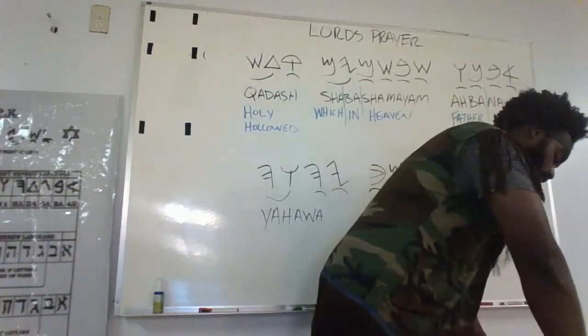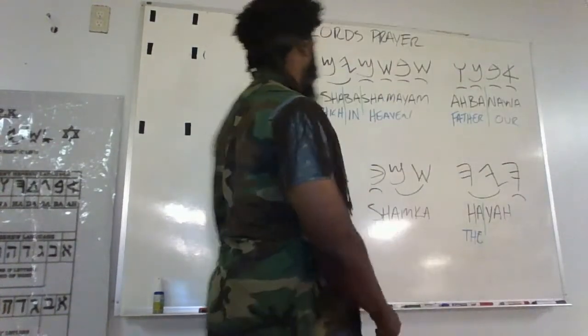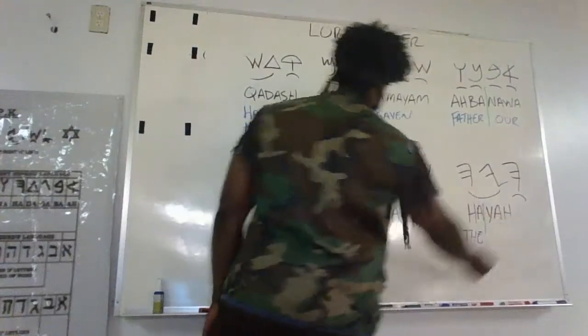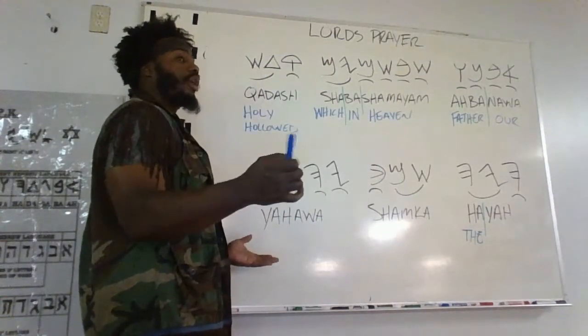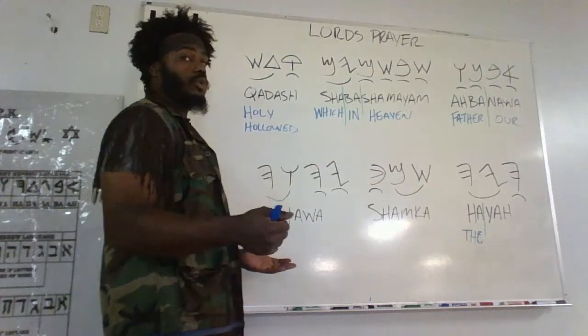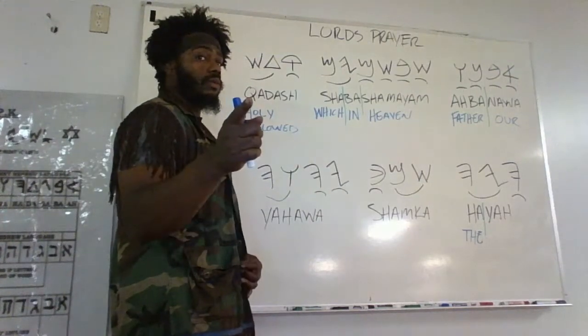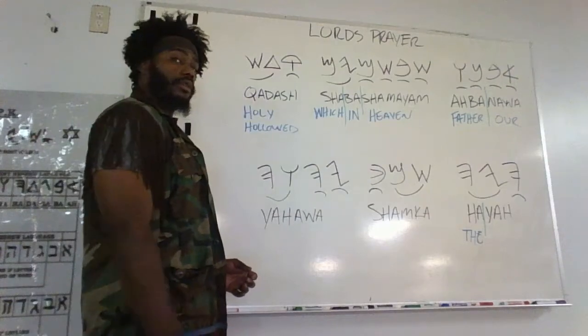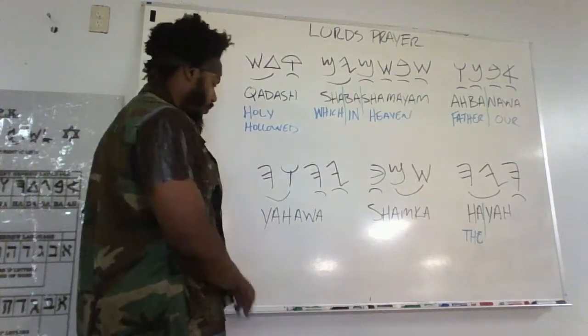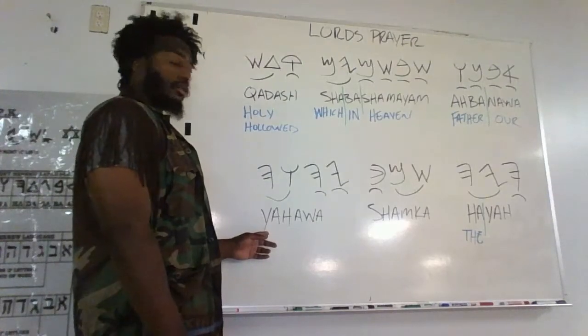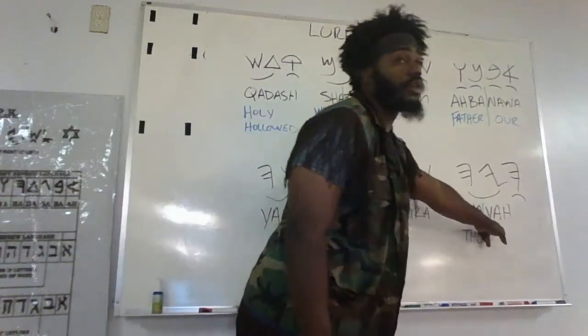This is giving context to this whole Lord's Prayer. You're speaking to who? What's the name of the Most High? Yahweh. What's the first part of Yahweh? Yah. This is the third person.